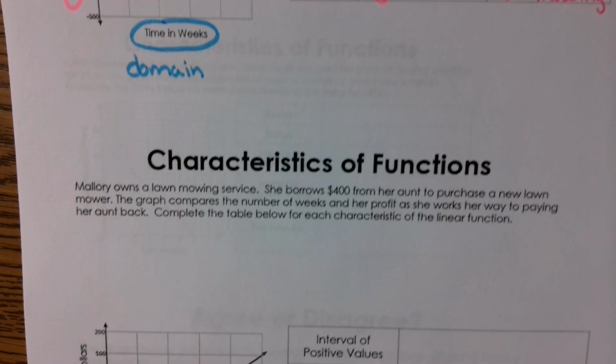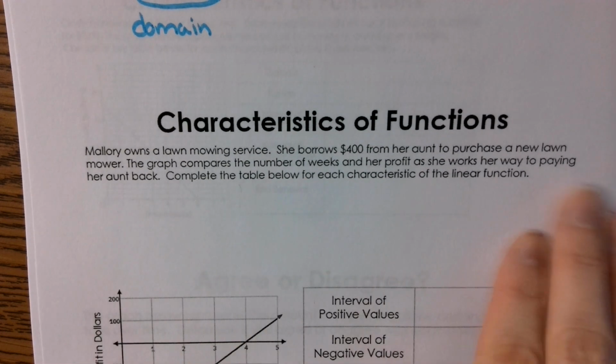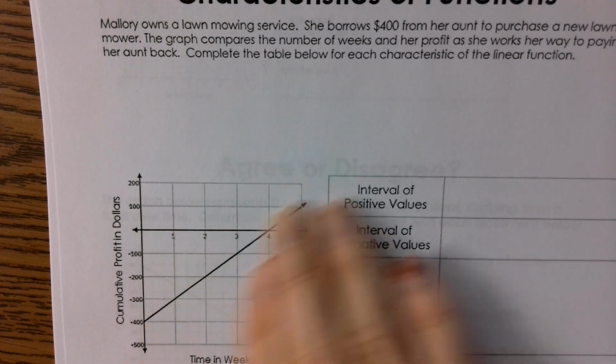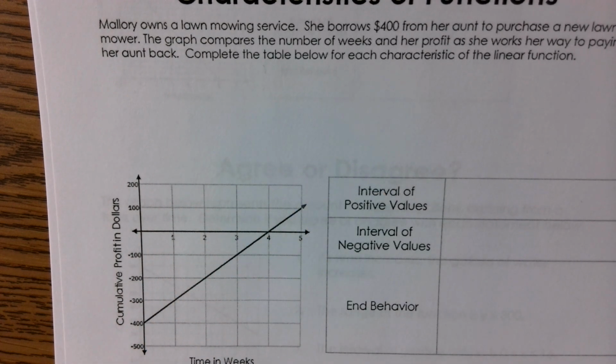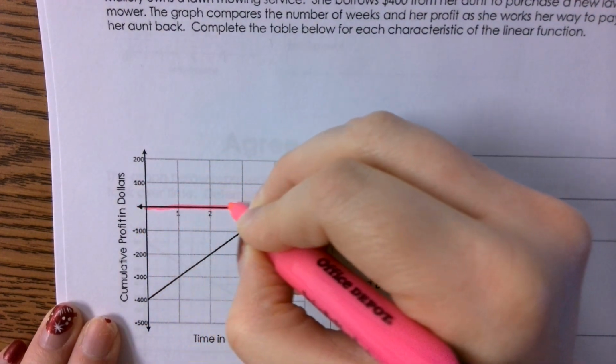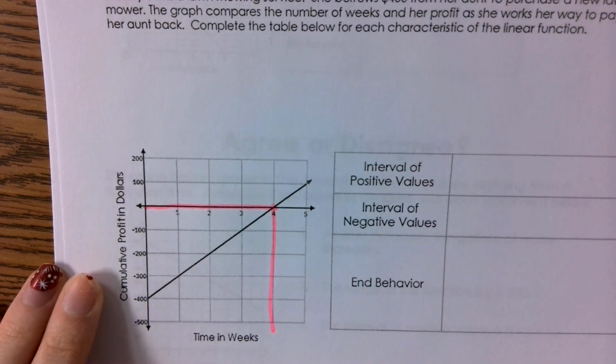So when we're talking about the characteristics of those situations, taking that same situation, if we're looking at this information, we can split this graph up into several components. So the first component that we can split it up to is this portion right here, all the way to where x is equal to 4 and then down.